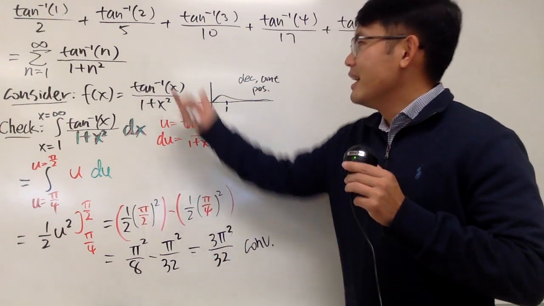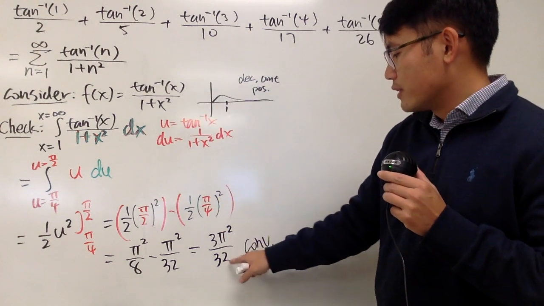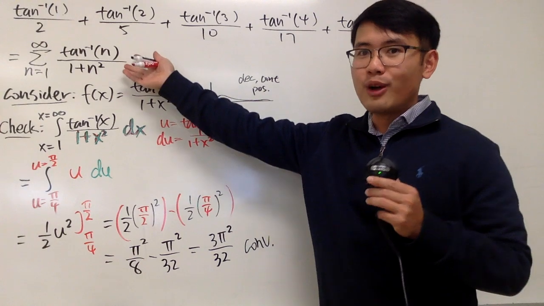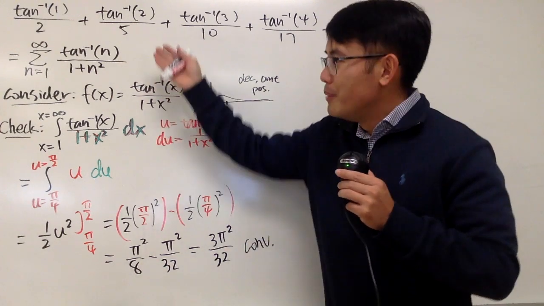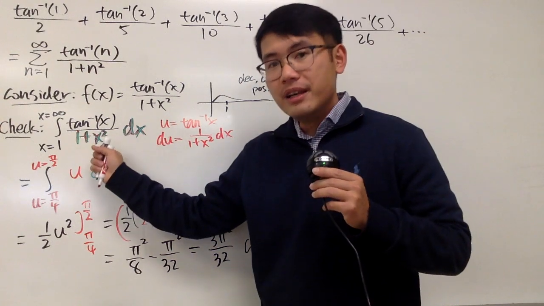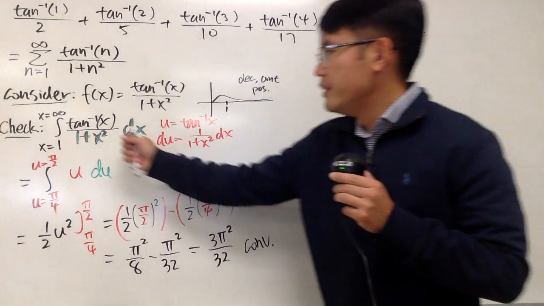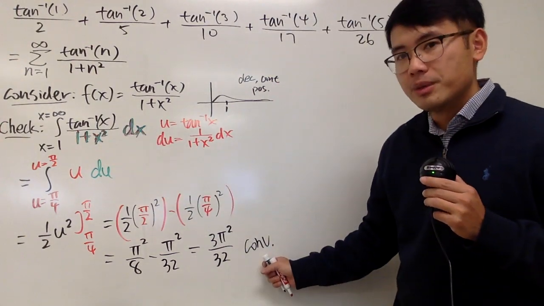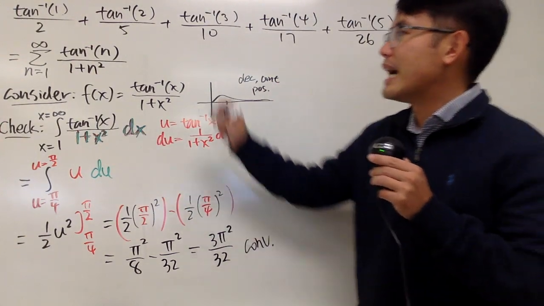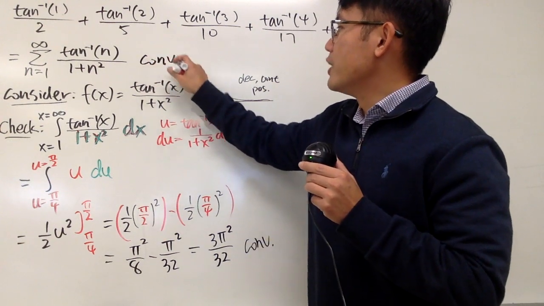We are not going to say the answer to this series is exactly 3 pi squared over 32. In fact, we actually do not know how big this sum is. We don't know. All we know is that if this improper integral turns out to be finite, in other words, this improper integral turns out to be convergent, that will tell us that this infinite series also converges.